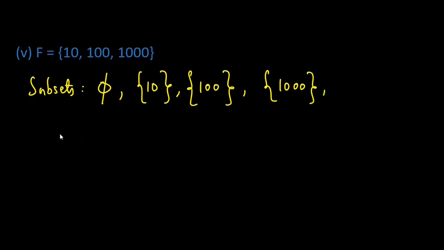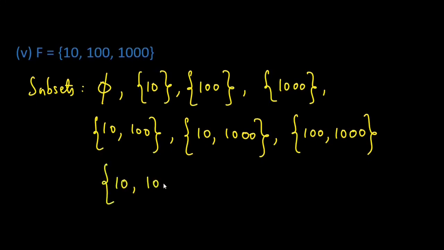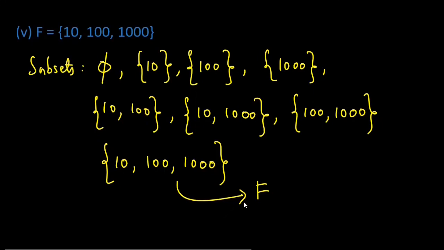Now take two elements each: 10, 100, 10, 1000, then 100, 1000. Then all the three elements 10, 100, 1000. So this is F. See you in next video.